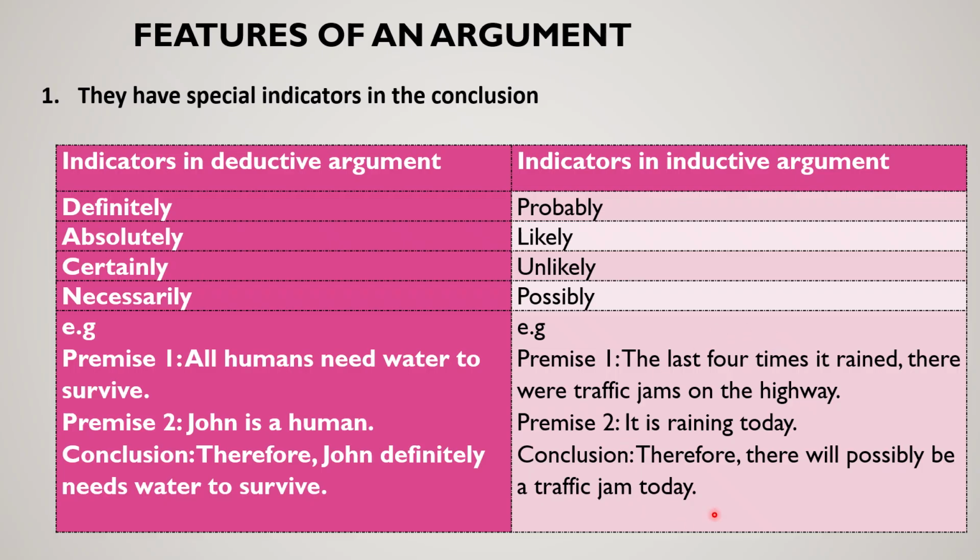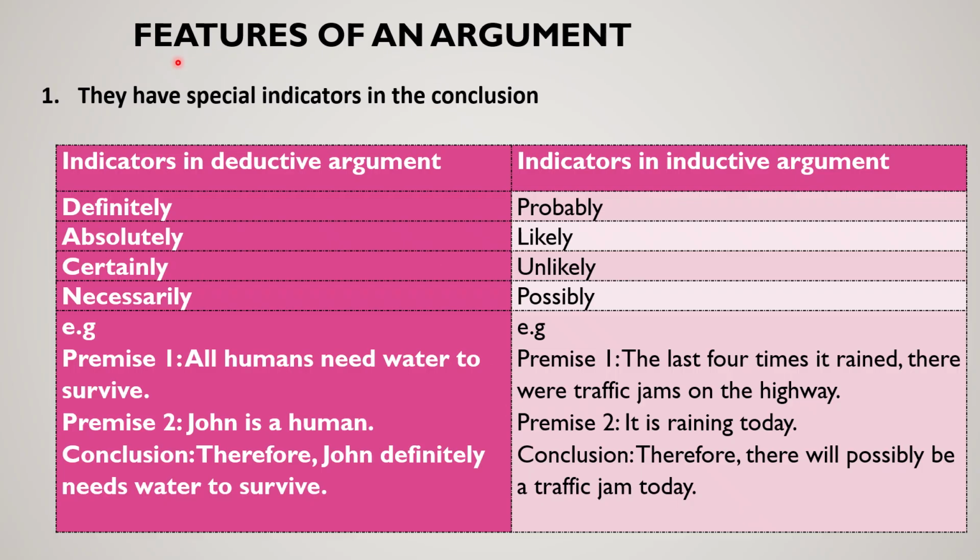We have arrived at some probability in our conclusion because this person is arguing that the last 4 times it rained there was a traffic jam, and right now it is raining. We are not sure whether there will be a traffic jam today, and that's why we have a special indicator here, possibly, showing probability but not certainty.